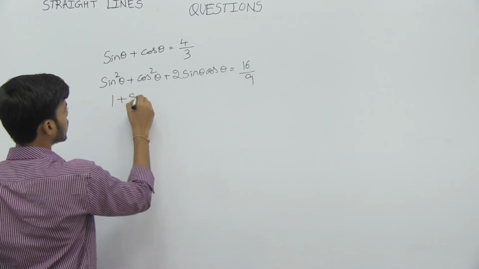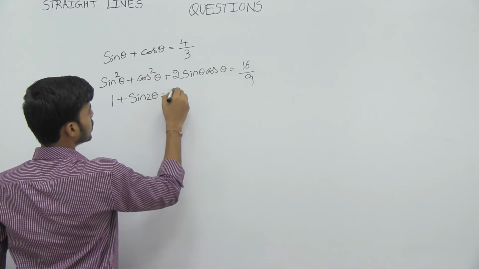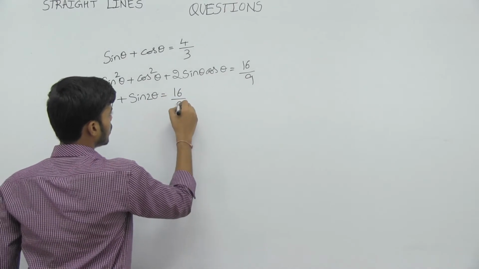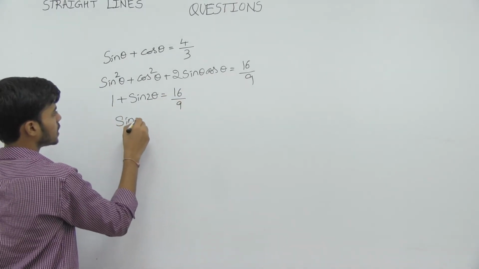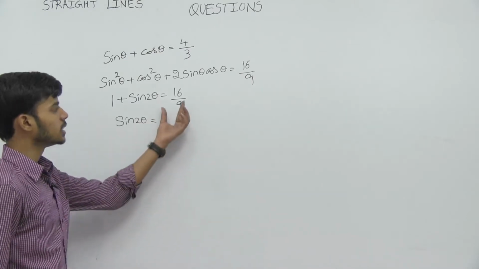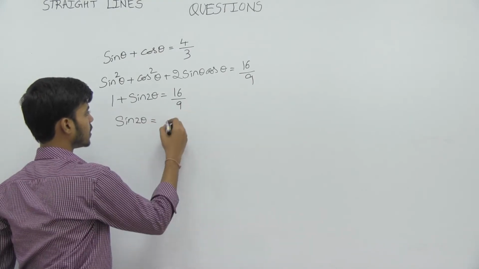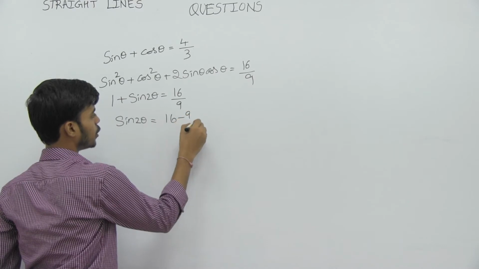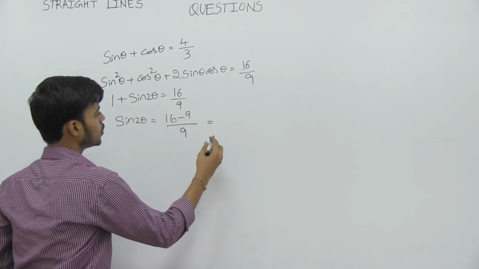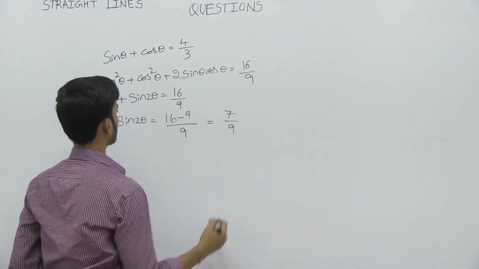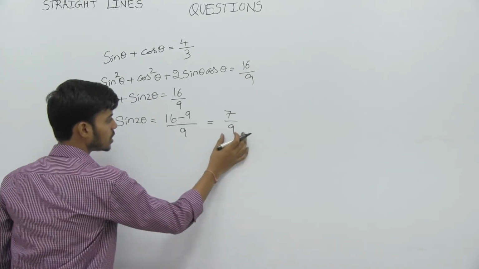So 1 plus sin 2 theta is equal to 16 by 9, which is sin 2 theta equal to 16 by 9 minus 1, which is (16 minus 9) by 9, equal to 7 by 9. So sin 2 theta is equal to 7 by 9.